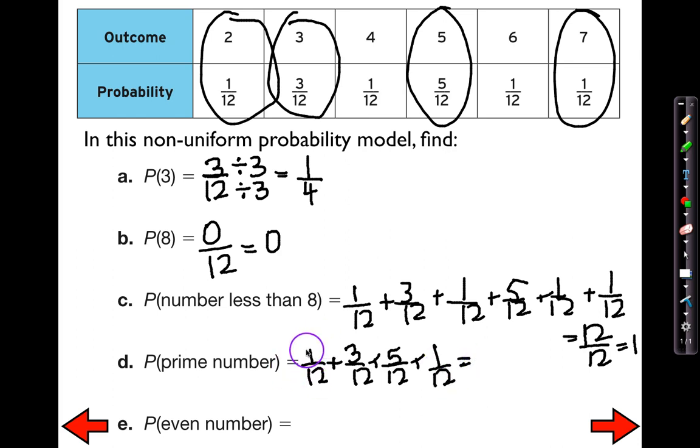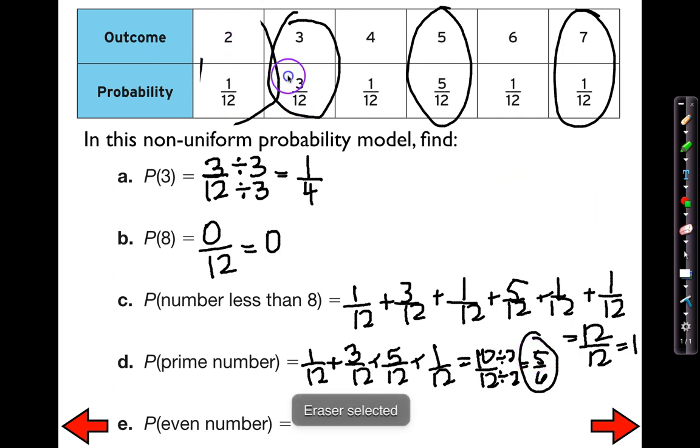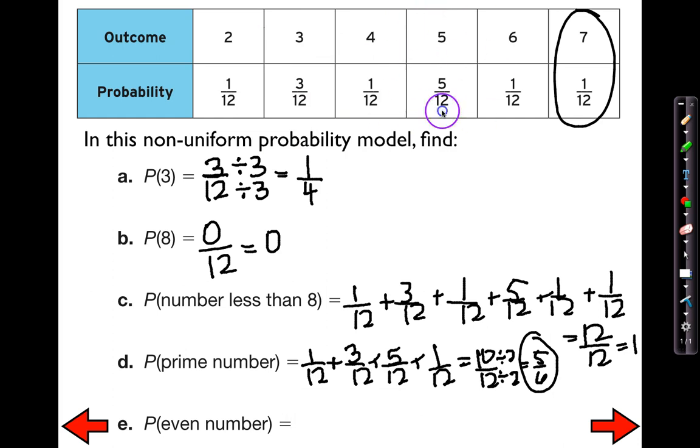So I'm going to add these up. This is 4, 9, 10, which is 10 out of 12, which we can reduce by 2. And that's going to leave me with 5/6. So it's pretty likely for you to pull a prime number. Okay, now last but not least, let's go ahead and find the probability of us getting a number that is even.